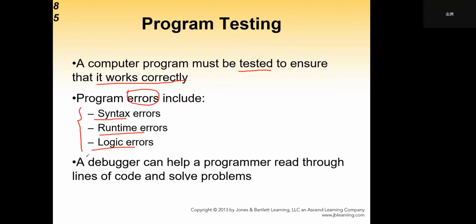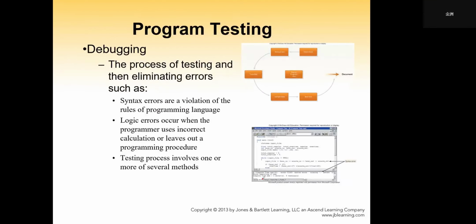And then we need to use a debugger to help us read through the lines of the code and solve the problems. Here is an example of the debugger. It helps us to debug when programming. So this is the process of testing and eliminating errors, the three kinds of errors we have talked about.